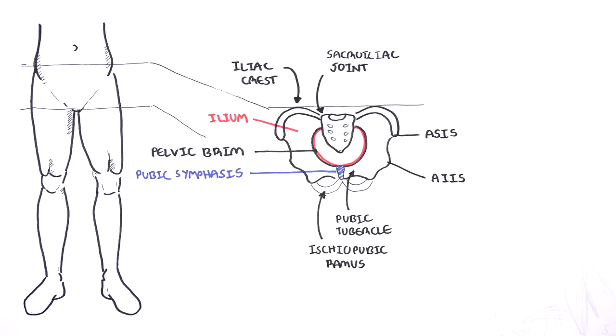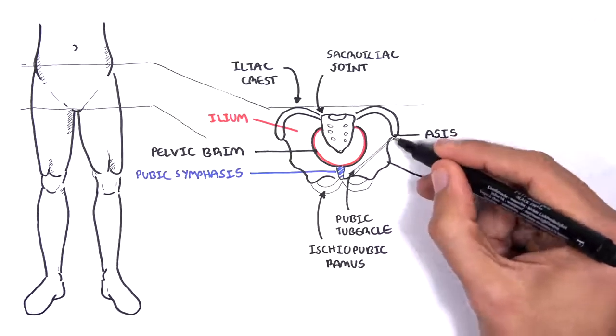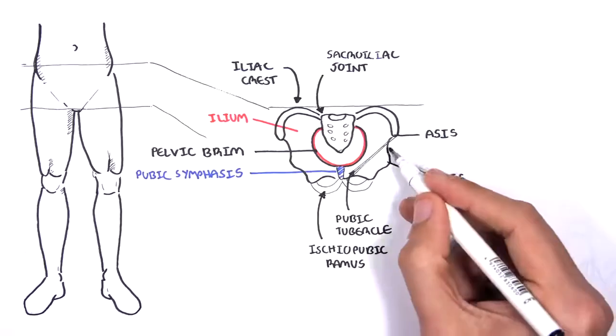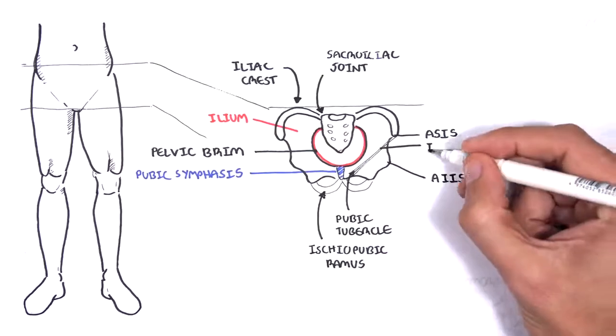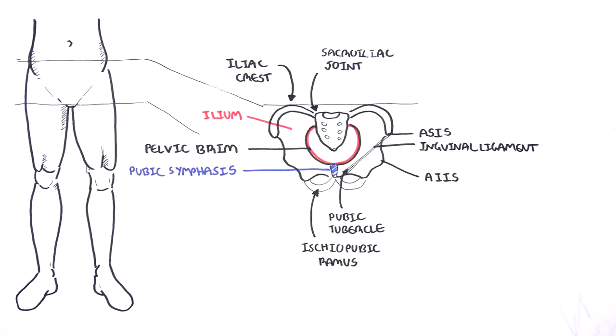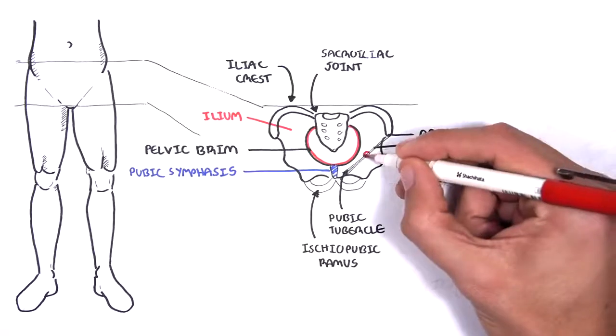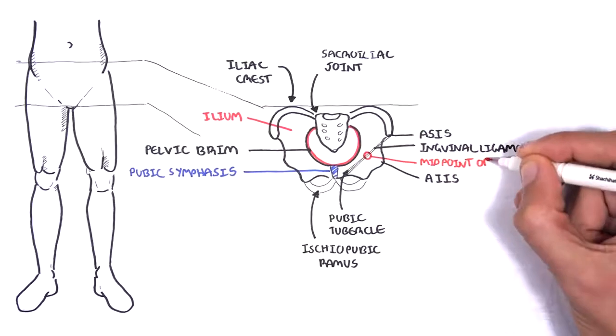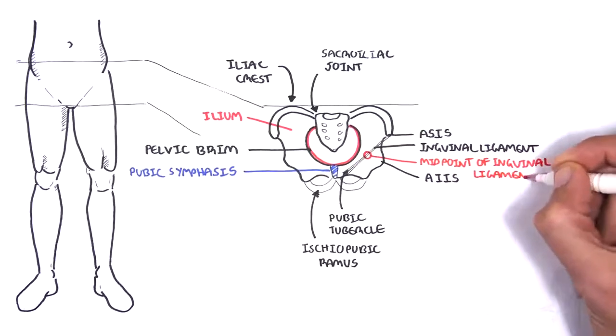Now, the ASIS and pubic tubercle is important because the inguinal ligament runs along here and attaches to these two points. The middle of the inguinal ligament is called the midpoint of the inguinal ligament, and this is an important landmark to remember.